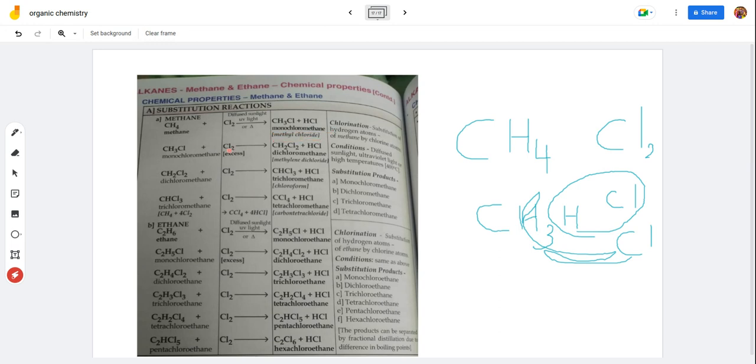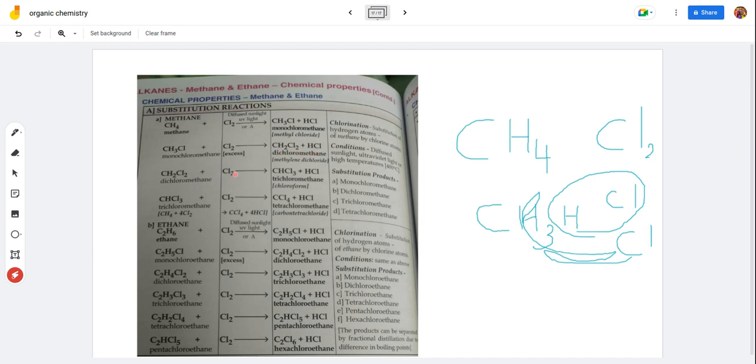If you take CH3Cl, the monochloromethane, again you pass excess chlorine. If you pass the excess chlorine, here again HCl will be removed, so you will have CH2Cl2.